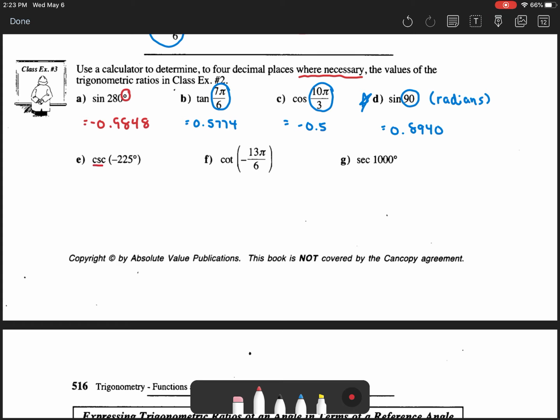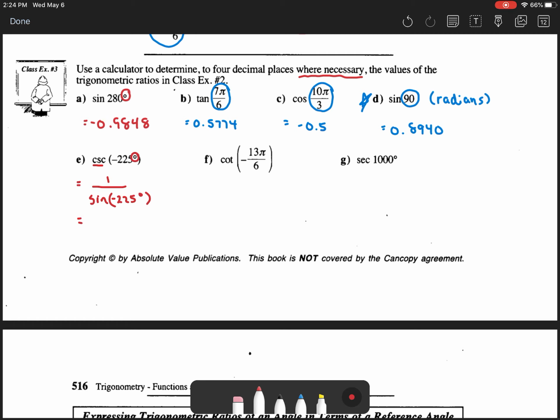Next, cosecant now, and degree mode. So basically that calculation, what I would do is I would go 1 over whatever the sine of negative 225 degrees is. So first off, find what sine of negative 225 degrees is.